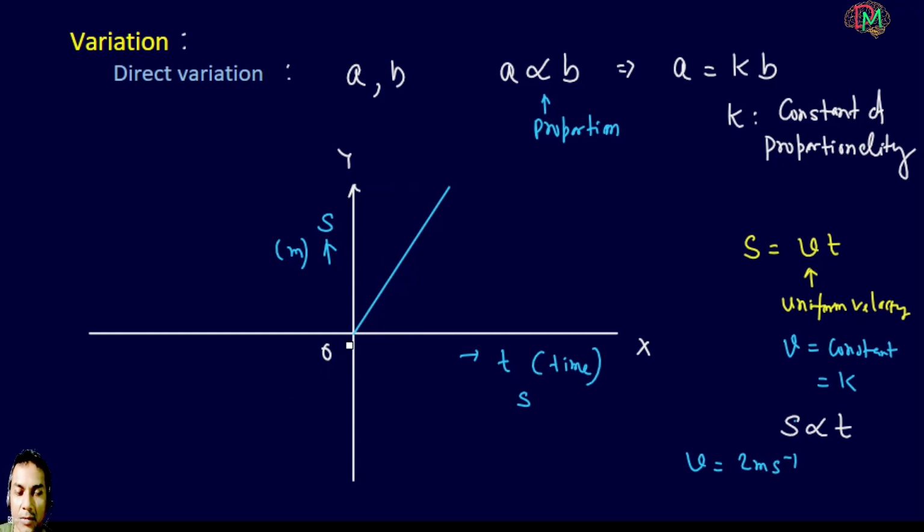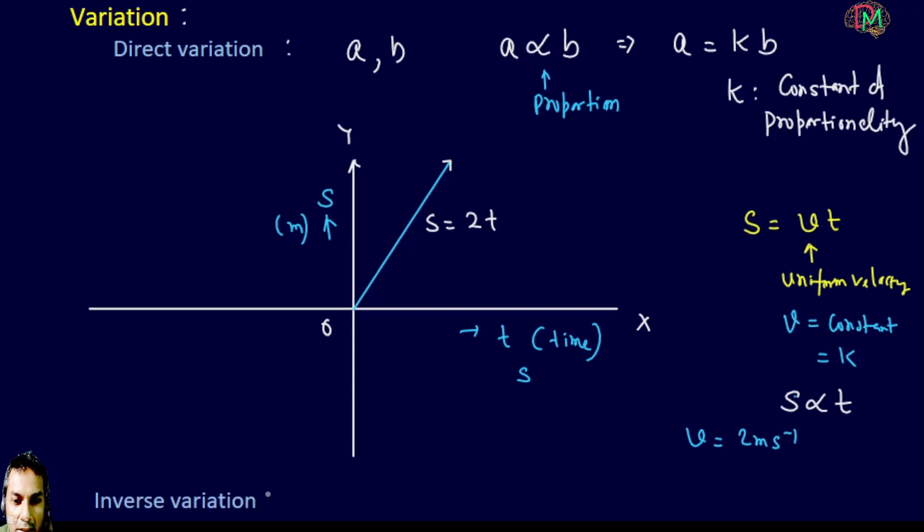S is equal to 2t. This is the graphical representation of direct variation. Clear? And the uniform velocity v is equivalent to k, the proportionality constant. Clear?